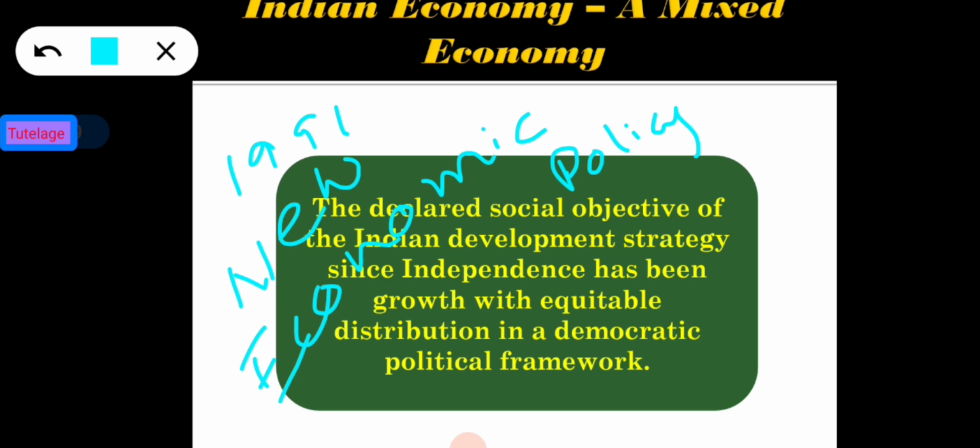So liberalization policy was characterized by liberalization of the Indian economy from various types of controls like licensing, permits, etc.